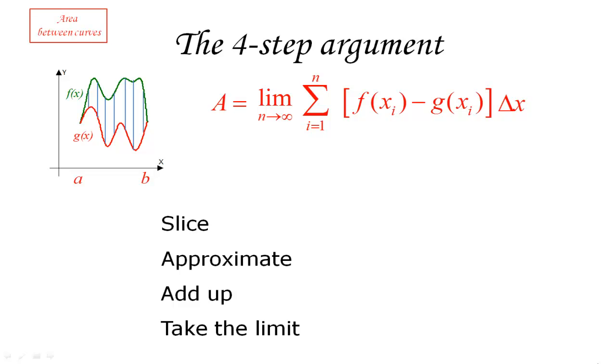And of course, once we do this, what we end up with is the limit as n approaches infinity of the sum from 1 to n, and that's exactly going to be giving us the integral, and the delta x is going to give us the dx, the differential. And therefore, this whole expression will actually become the integral from a to b of the difference between f of x and g of x dx.